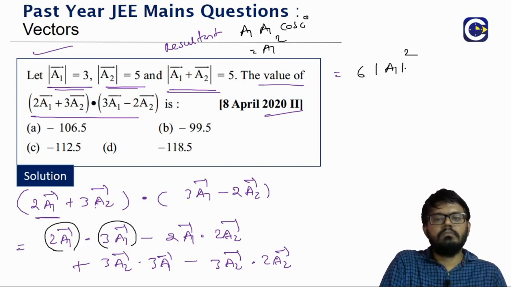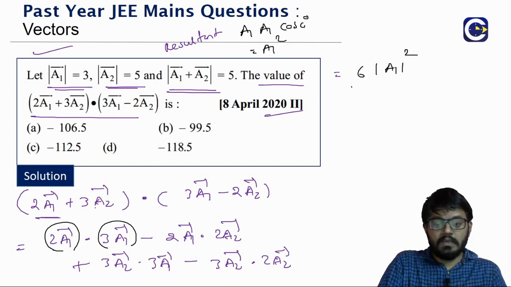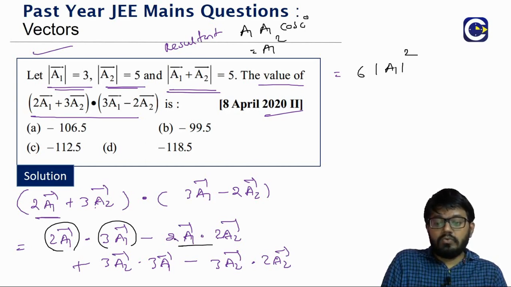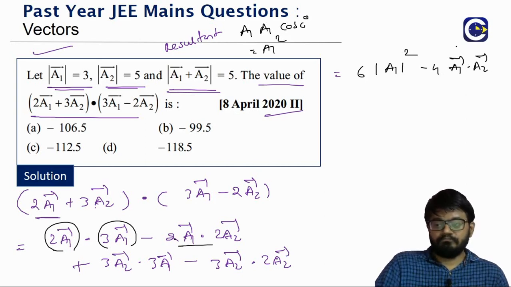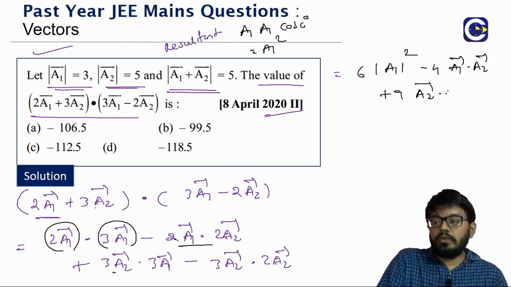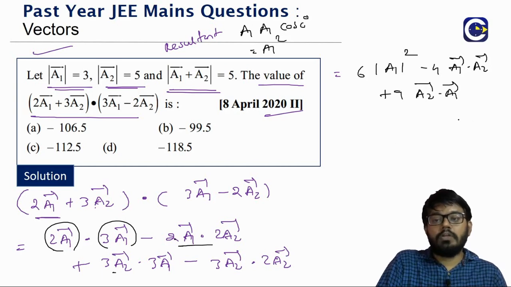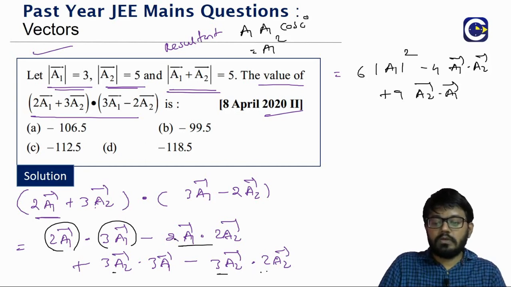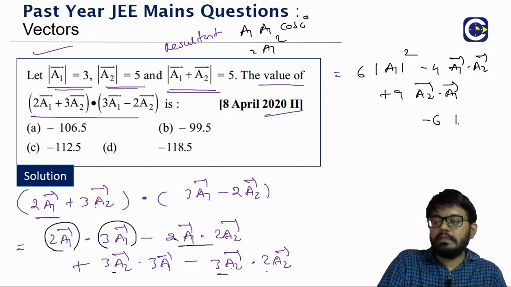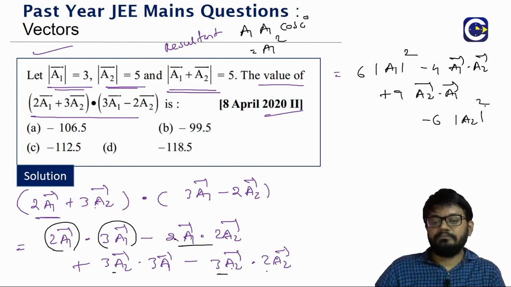Then 2 2s are 4, minus 4 into a1 dot a2. Then 3 3s are 9, plus 9 into a2 dot a1. Remember, one more property of the dot product: a1 dot a2 is equal to a2 dot a1. Then 3 2s are 6, and a2 dot a2 is modulus of a2 the square, so minus 6 modulus of a2 the square.